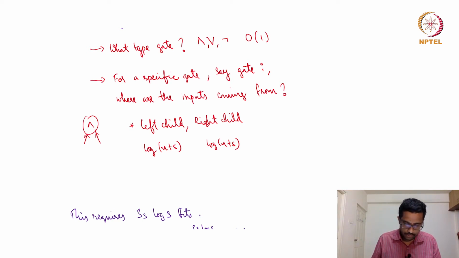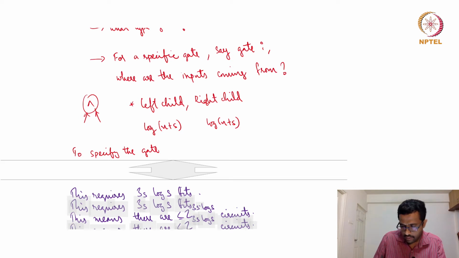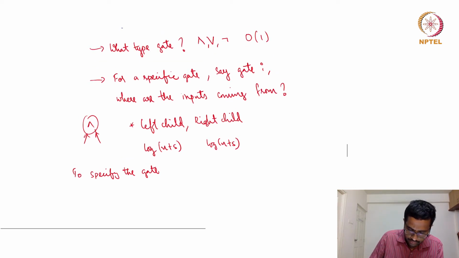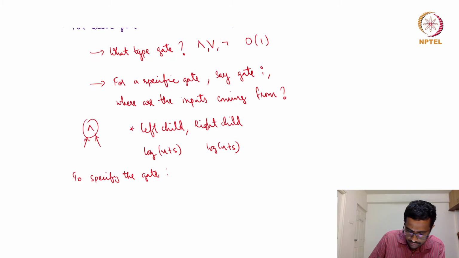Now to completely specify a gate, we require, let's say, 2 bits to specify the gate type, plus 2 log of N plus S to specify the inputs.